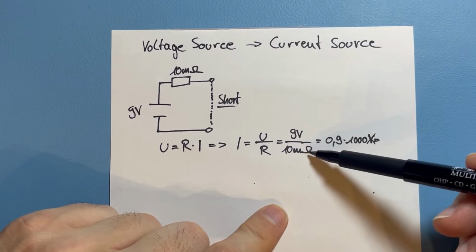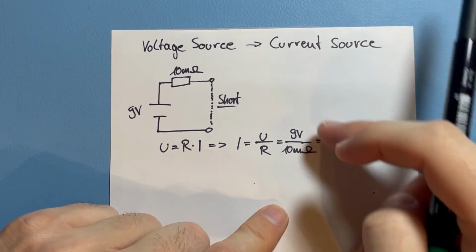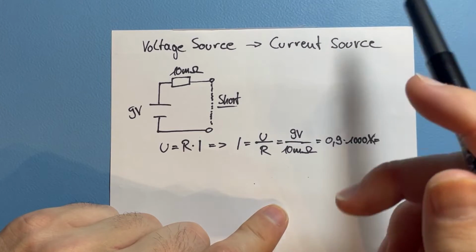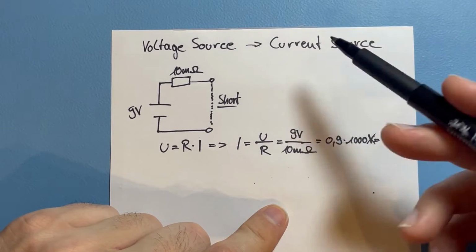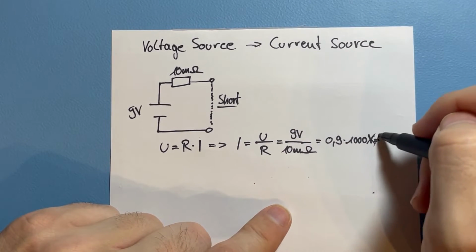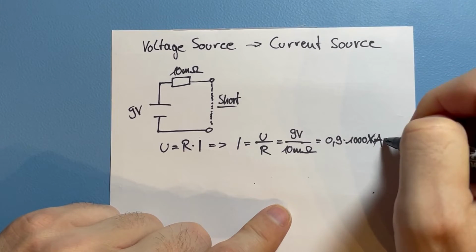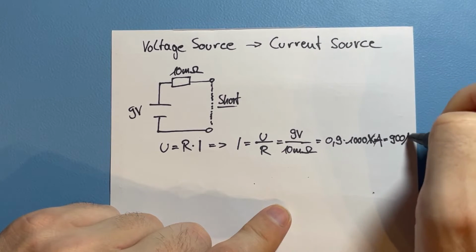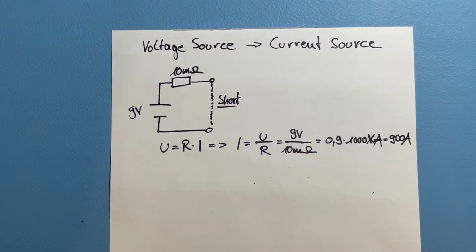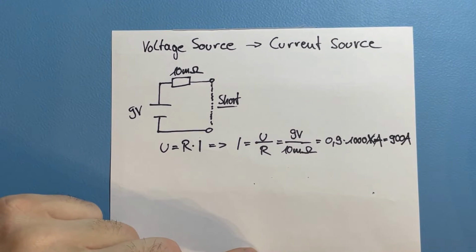If we flip volts divided by ampere around, we have ampere by volts. Volts cancel out and we're left with ampere, what we wanted, and this is 900 ampere. Quite a lot.